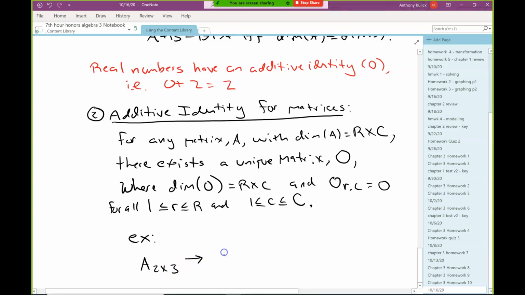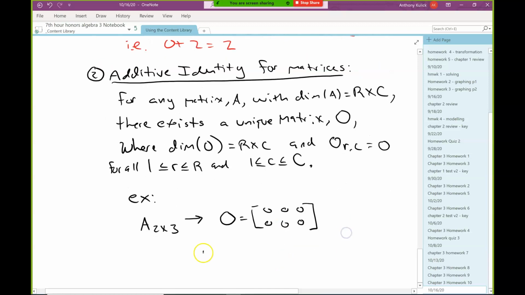So if A is a 2x3, O would look like this. Is everybody okay with that idea?